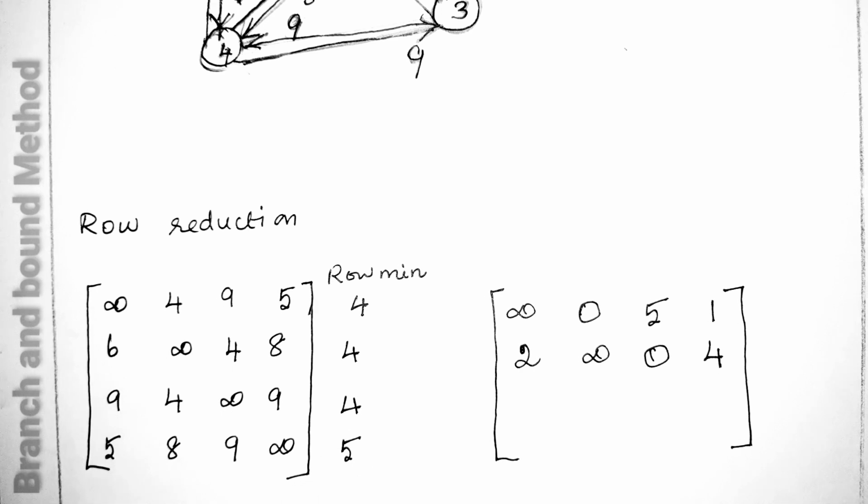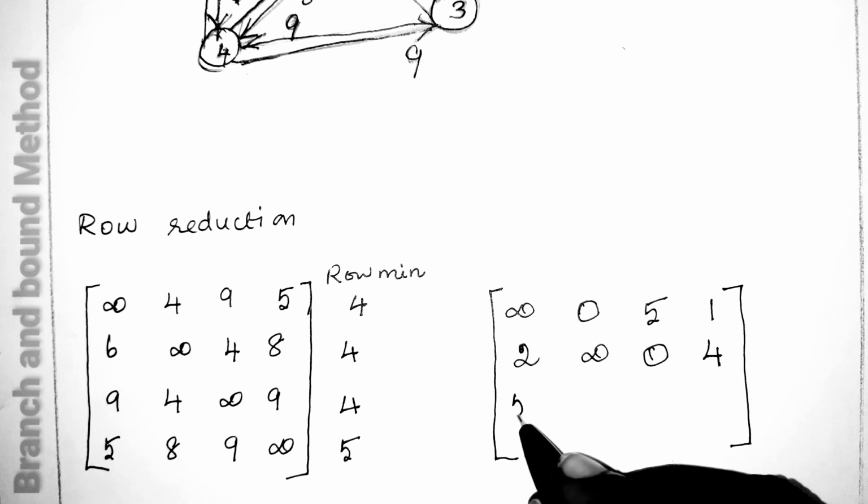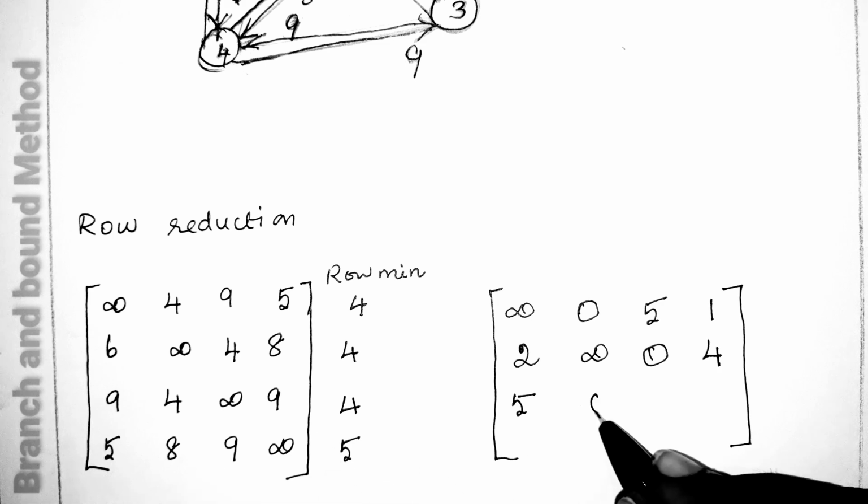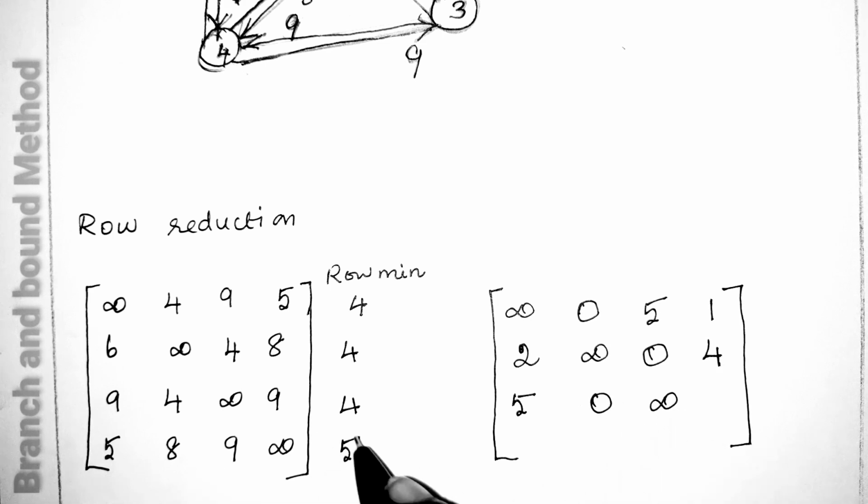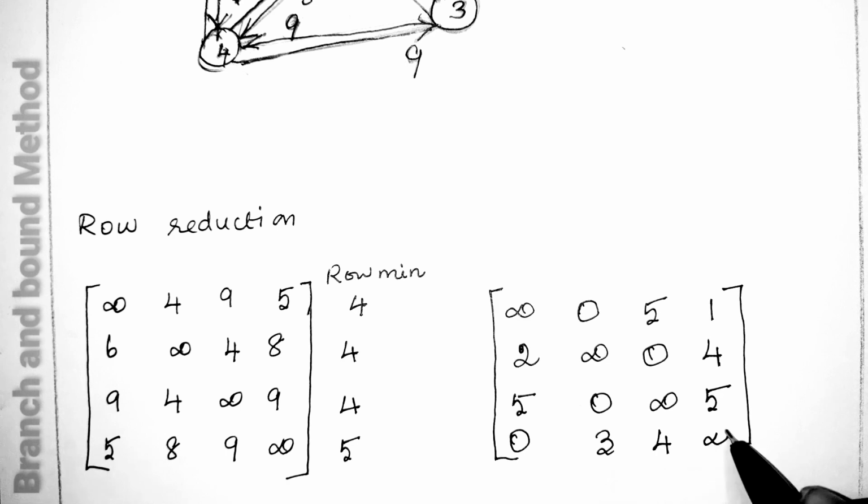So 9 minus 4 is 5, 4 minus 4 is 0, infinity, 9 minus 4 is 5. Fourth row, 5 is the least number. So 5 minus 5 is 0, 8 minus 5 is 3, 9 minus 5 is 4, infinity. Row reduction is over.